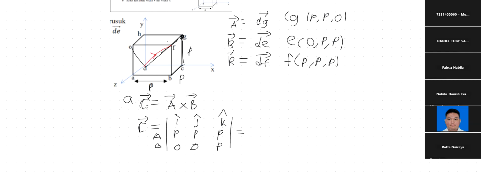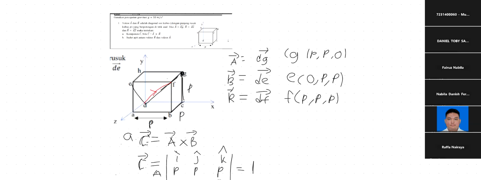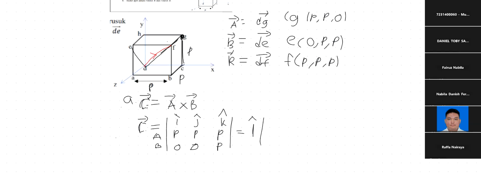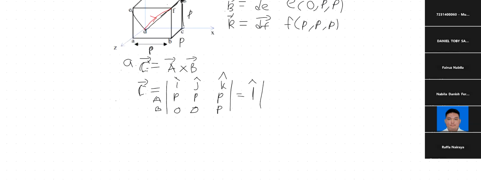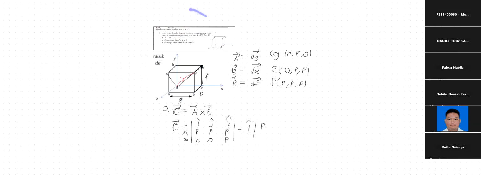Now, taking the I component, we have, oh, I'm sorry, this is 0.